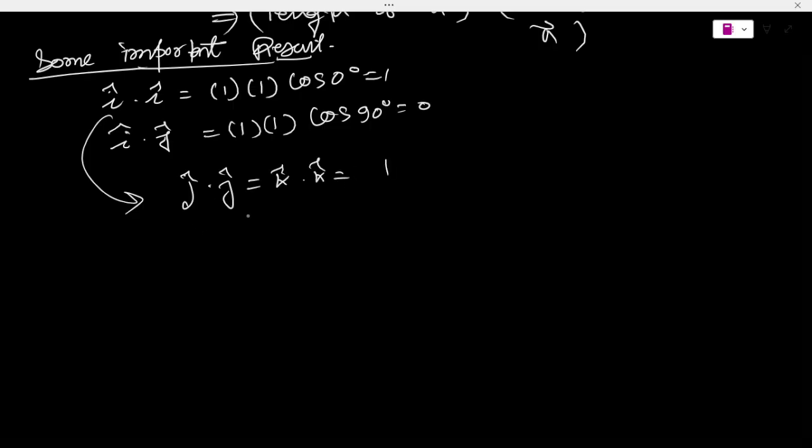Also j cap dot k cap is equal to k cap dot i cap is equal to 0.